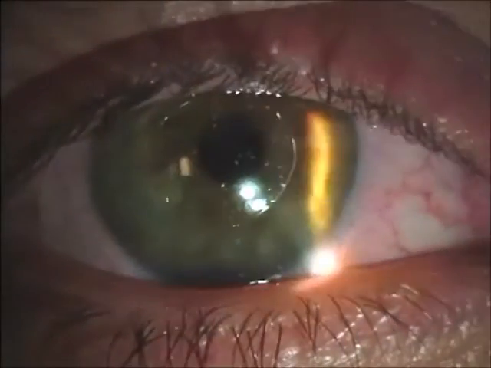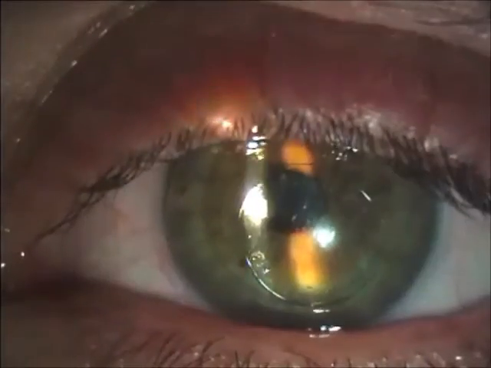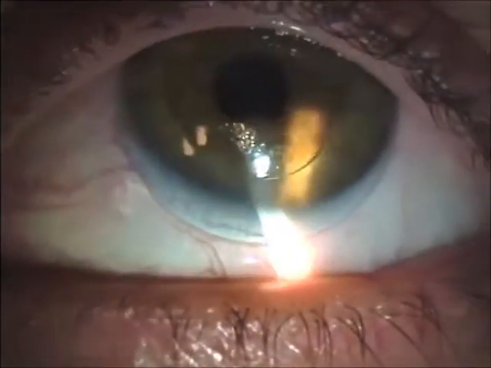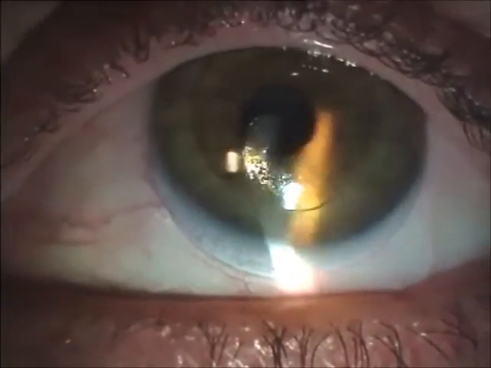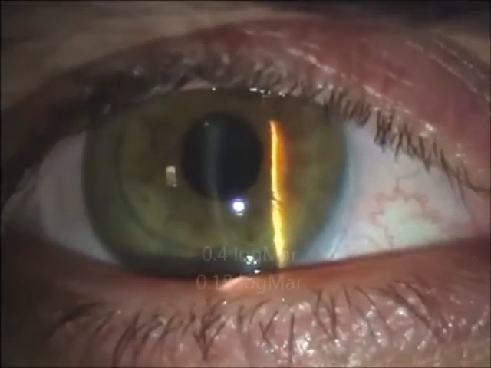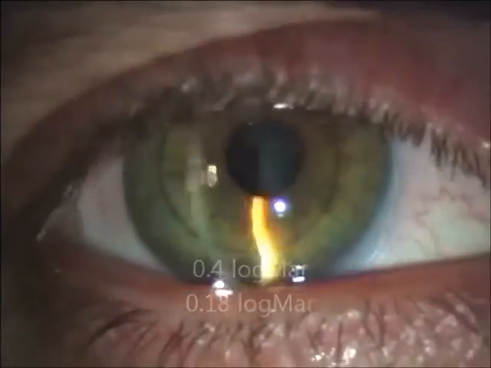That's why there is a big bubble between the lens and the cornea. A modification of the lens finally allows a better adaptation.